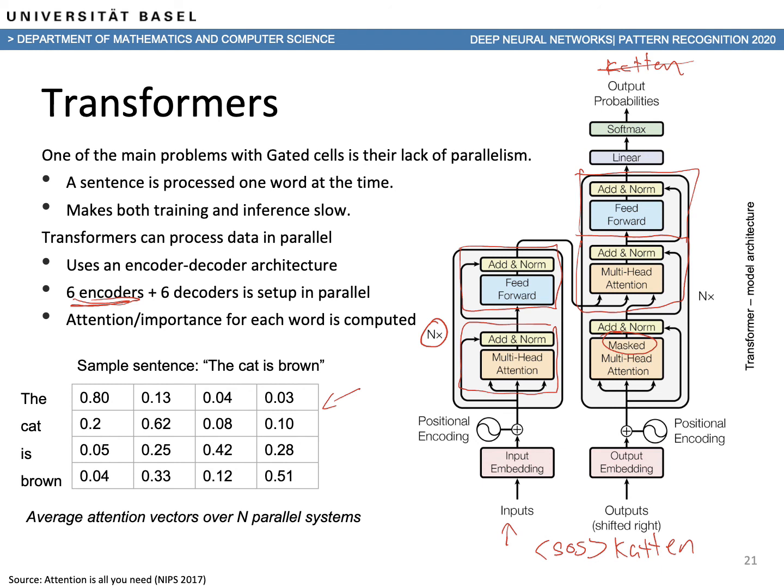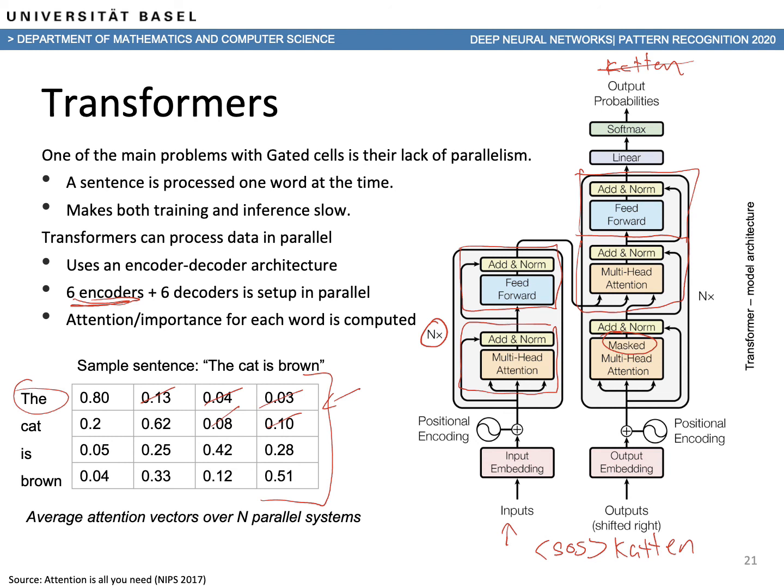So obviously in this masked multi-head attention, we cannot compute a full matrix. To begin with, we only have the start of sentence, and then now we have "katten", and essentially all these other entries will be empty. We do not know what later comes in this sentence.